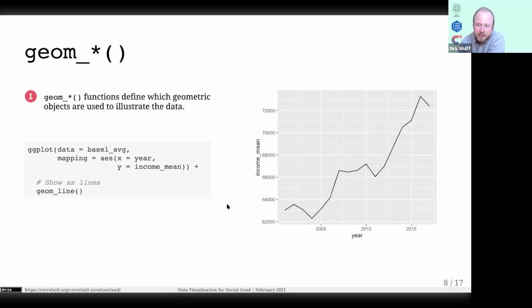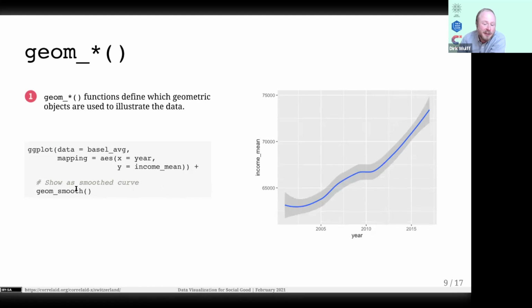Say we want to represent the data not as points, but as a line. We just change this one element, the geom, from geom_point to geom_line. And now we see the data represented with a different geometric shape, a line in this case. We can use geom_smooth to show it as a smooth line. This is based on a LOESS model, and we also get confidence intervals by default.